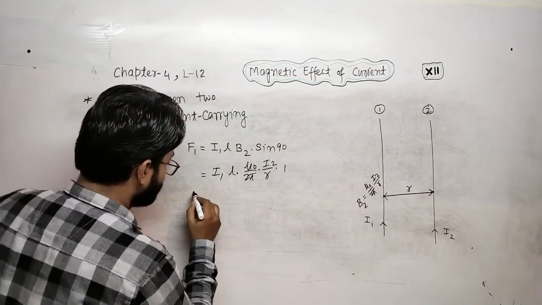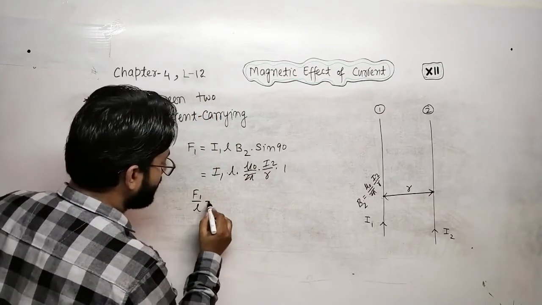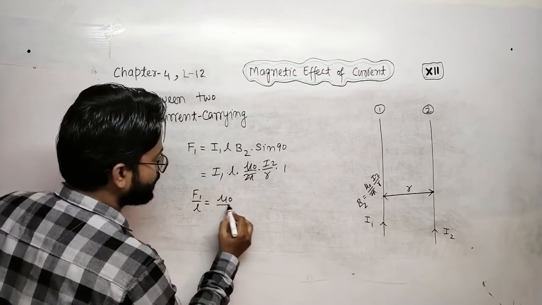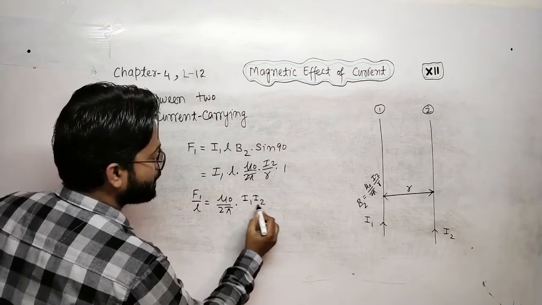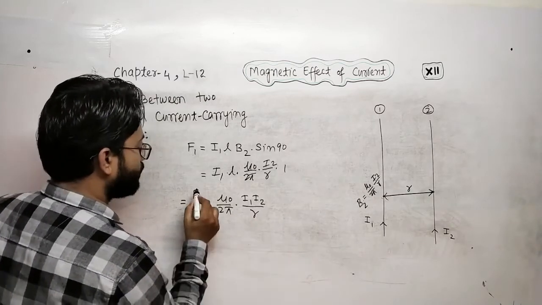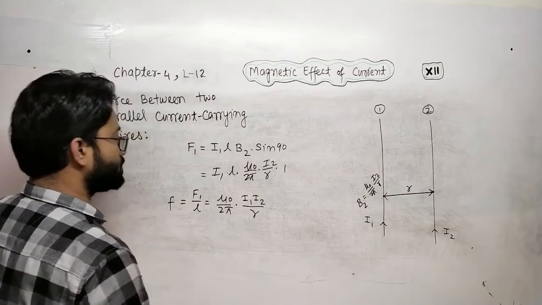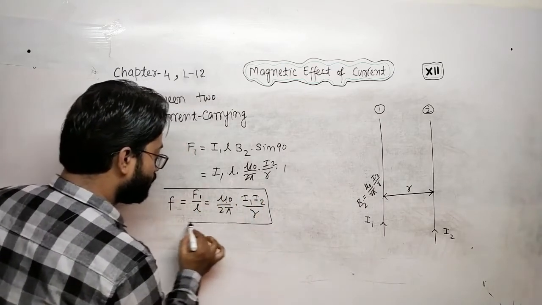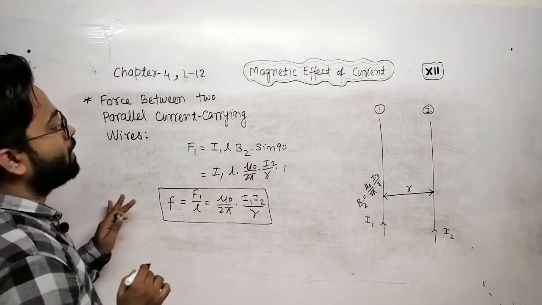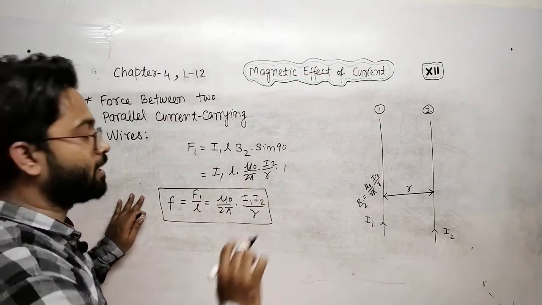Again we can write F1 upon L is equal to mu naught upon 2 pi, I1 I2 upon R. Force per unit length, let us suppose this is small f. This is the formula for the force on one wire due to the second wire.